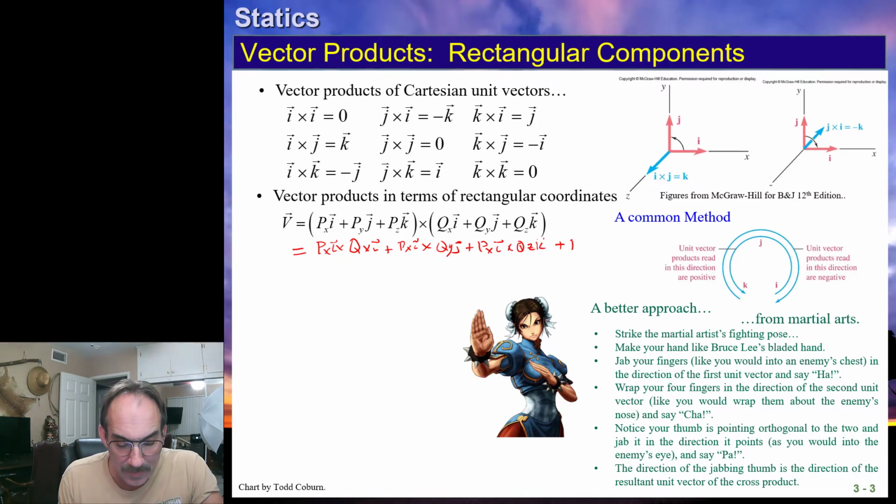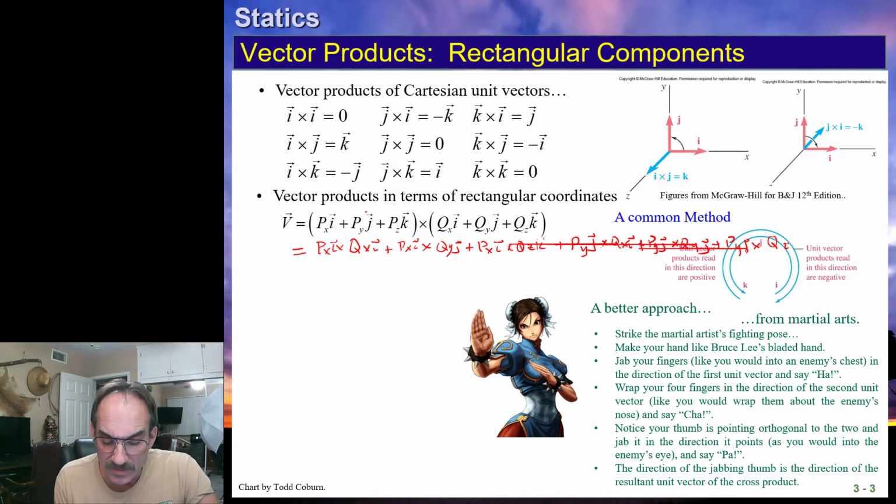Then we have Pyj, that's the second term, crossed with Qxi, plus Pyj crossed with Qyj, plus Pyj crossed with Qzk, plus Pzk crossed with Qxi, plus Pzk crossed with Qyj, plus Pzk crossed with Qzk.